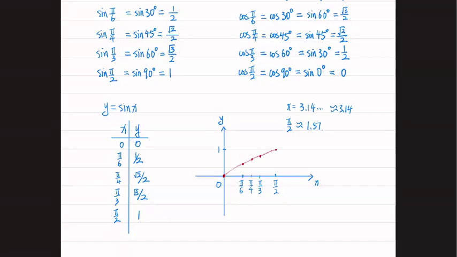So this is the graph of y equals sine x, for x from 0 to pi over 2.